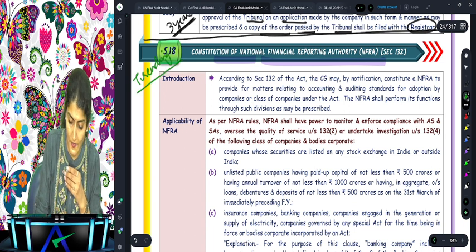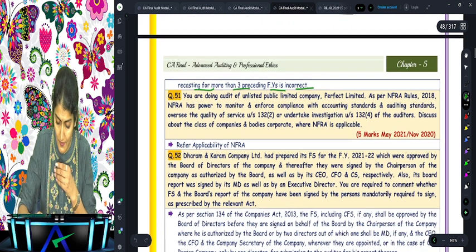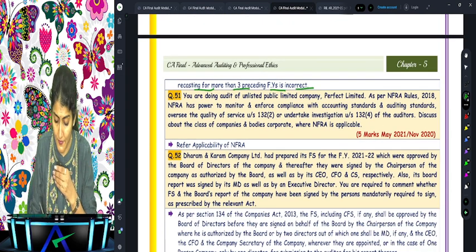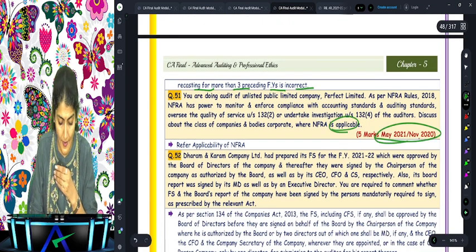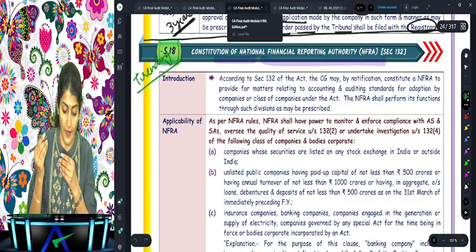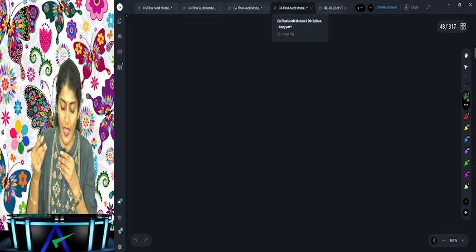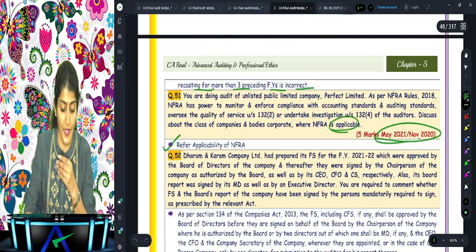A lot of questions come in the exam. And if I look at the question bank, what does it say? The applicability of the NFRA has come in the exams 2 times, right? So that is question number 51, which is regarding the applicability of the NFRA.